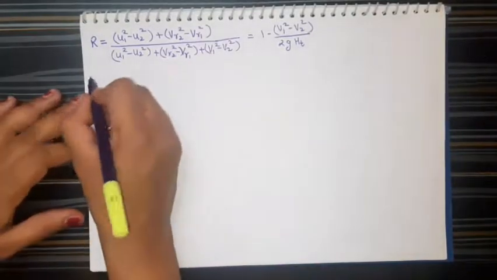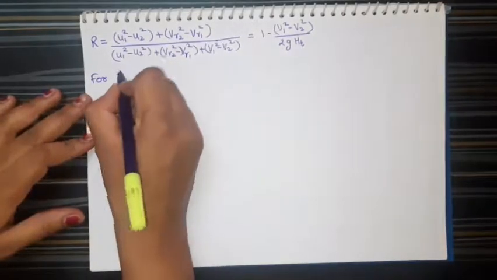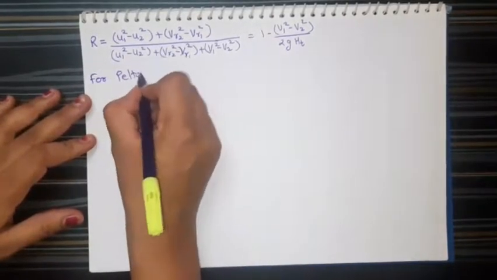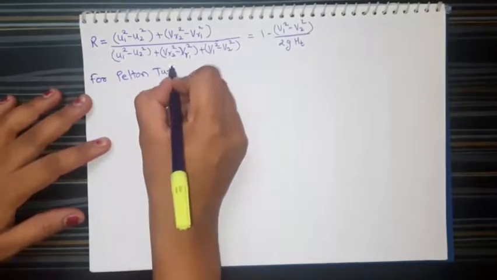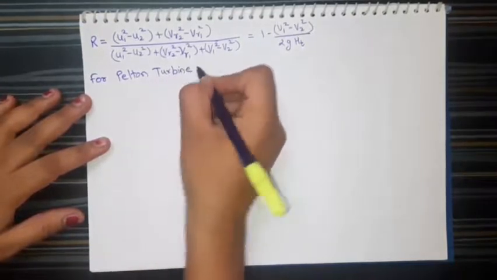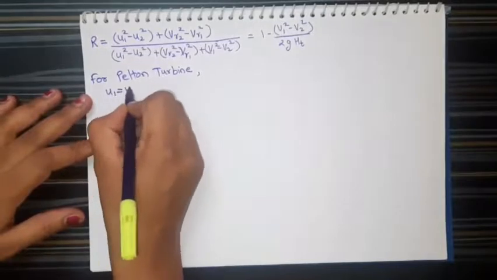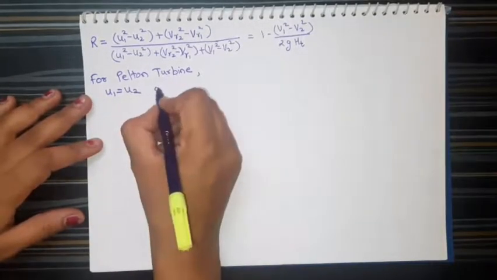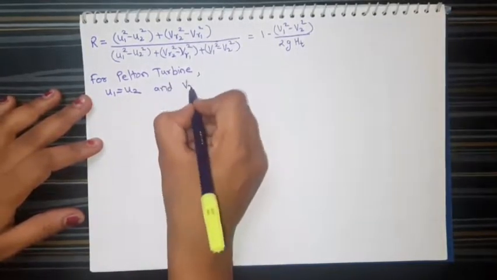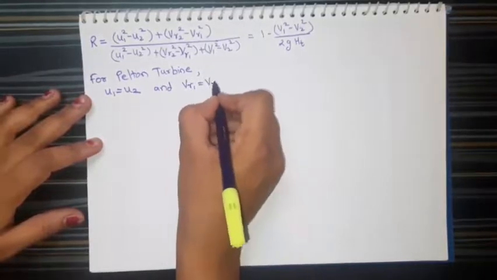Now for Pelton turbine, we know very well that U1 is equal to U2 and VR1 equal to VR2.